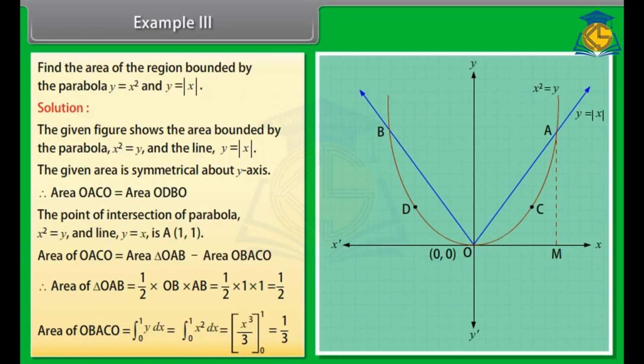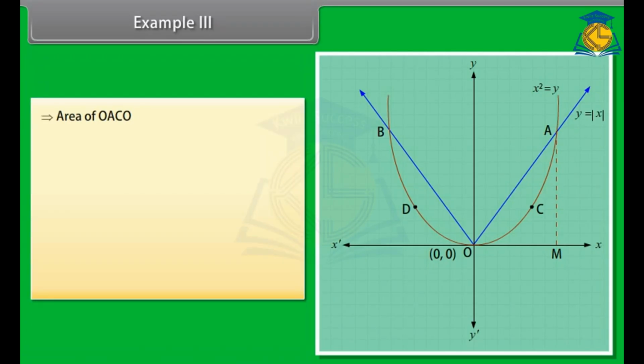By solving, we get area of OBACO is equal to 1 upon 3. It implies area of OACO is equal to area of triangle OAB minus area of OBACO, which equals 1 upon 2 minus 1 upon 3, which equals 1 upon 6.